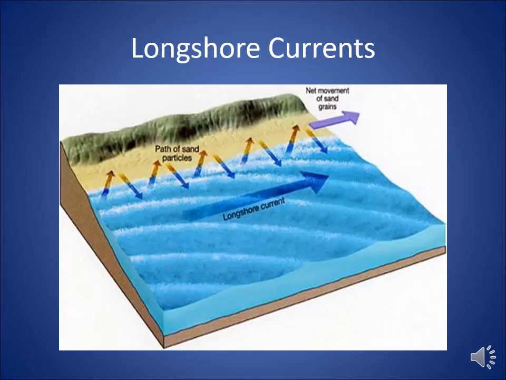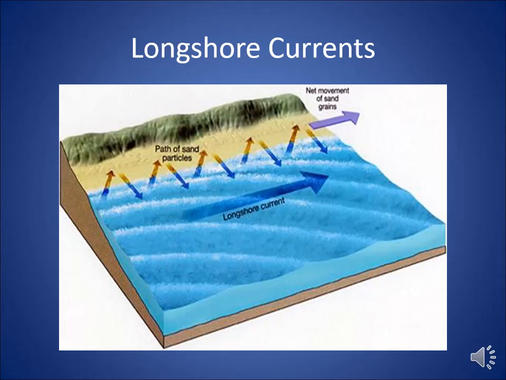Now on the next slide, we'll take a look at how sand moves parallel to the beach. So many times the waves approach the beach at an angle. They are not head on. And as they break, the water runs up on the beach carrying sand with it.